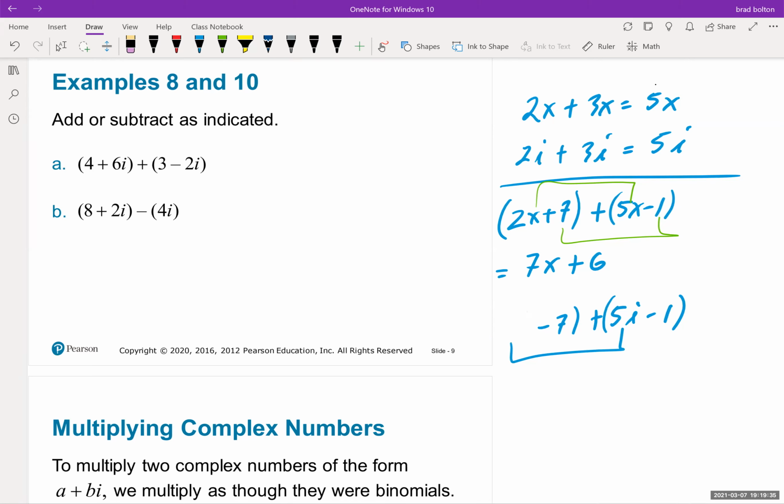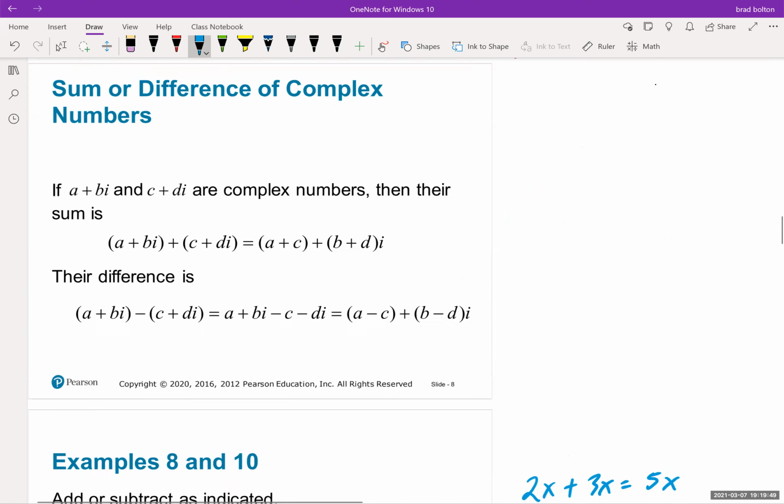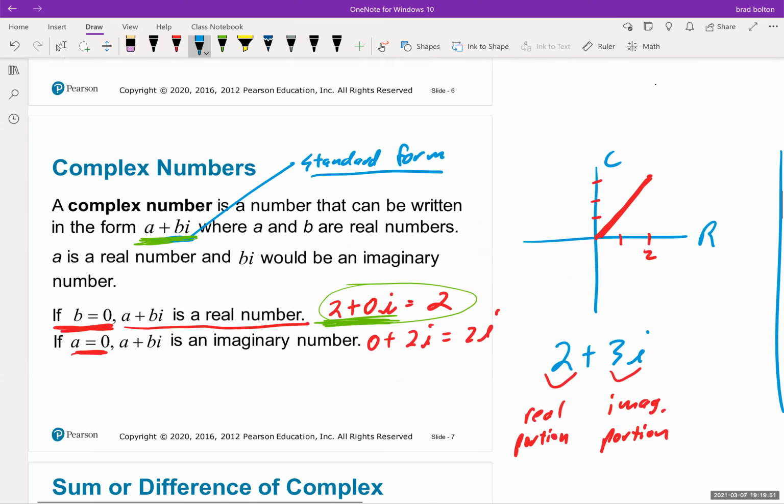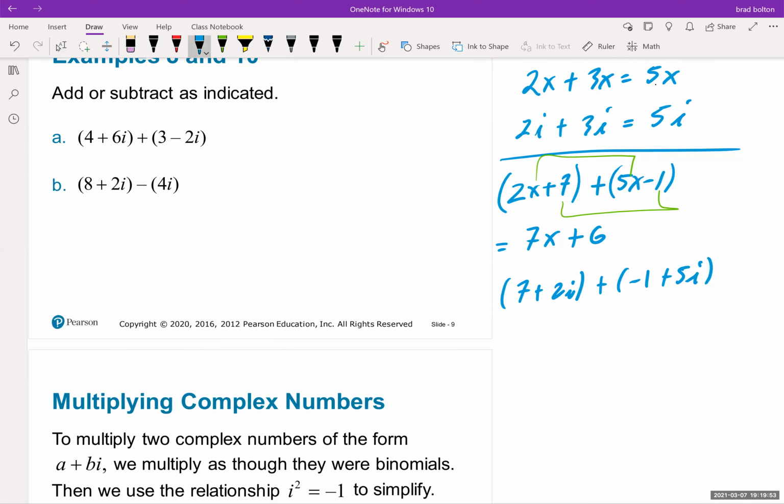Oops, I wrote it backwards, actually. I should be writing it like this. Let's say I do 7 plus 2i plus -1 plus 5i. Okay, so now I'm going to do the real with the real. This would be 6 plus the imaginary with the imaginary, 7i. And this would be my complex number.